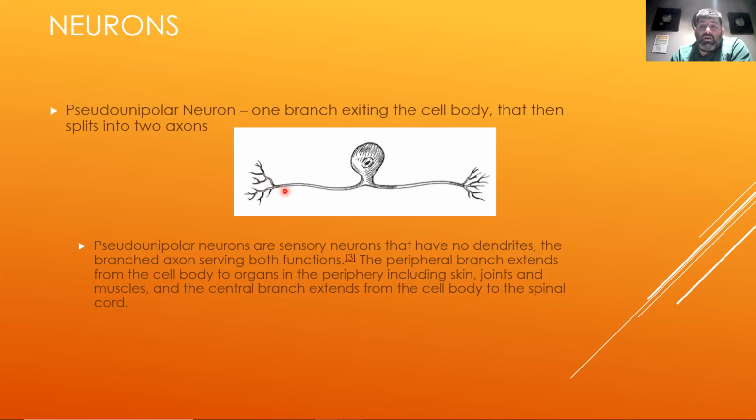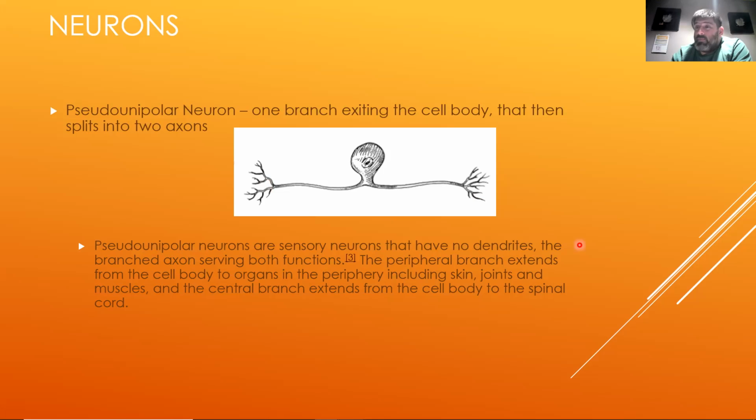And they are typically sensory neurons. This is going to be a relatively common type of neuron out in the body. And it allows the central nervous system to communicate with muscles, and allows sensory organs in the skin to communicate back to the central nervous system and so on.